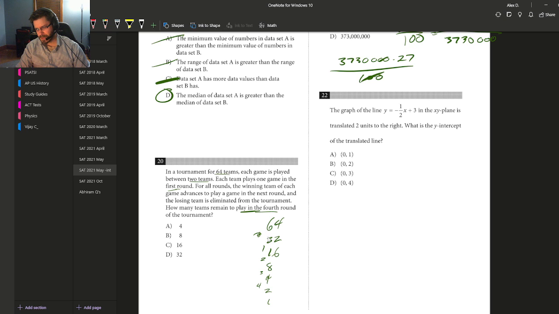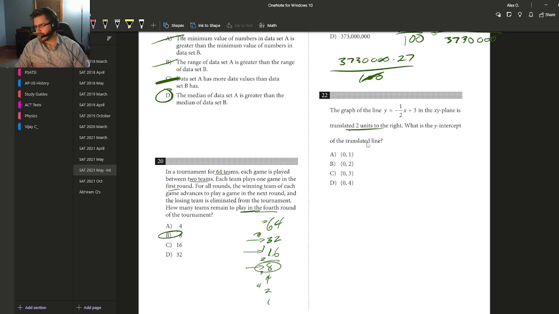So plays in round 1, plays in round 2, plays in round 3, plays in round 4. Yeah, because that's the end of round 3. Yeah, end of round 1, end of round 2. Yeah, I'm going with it. I think I did that right.